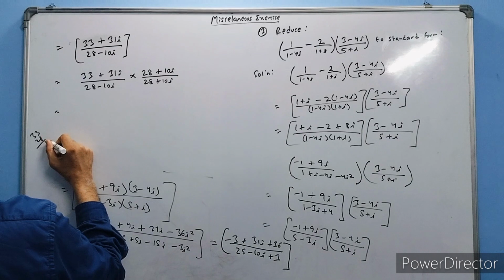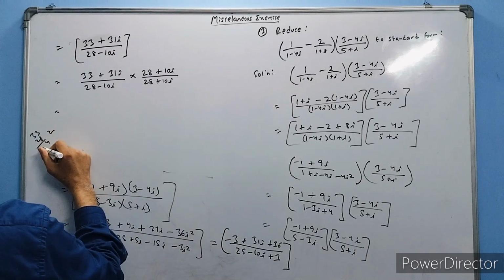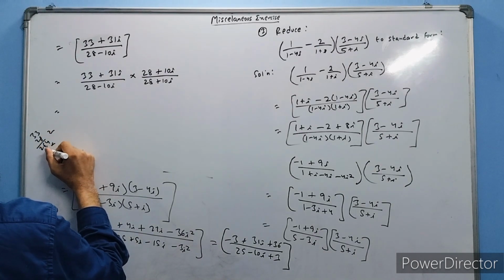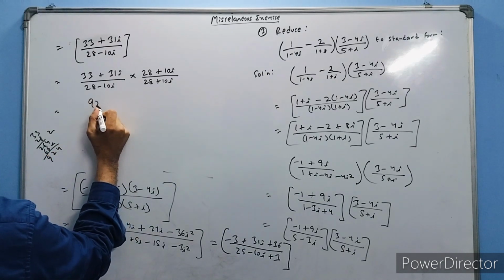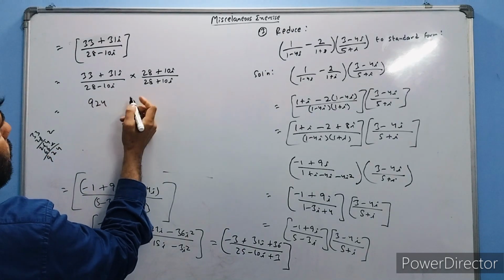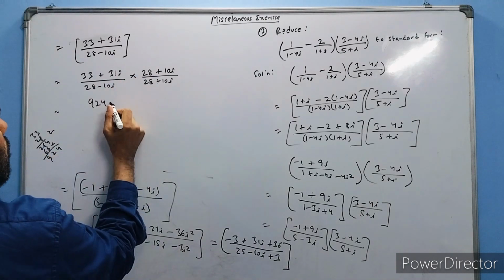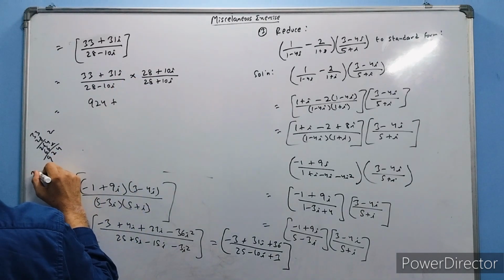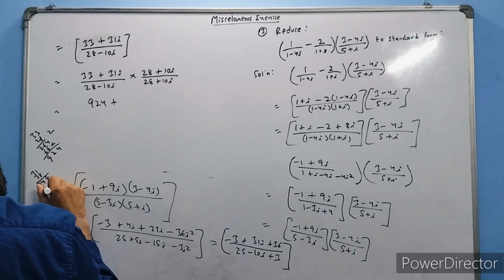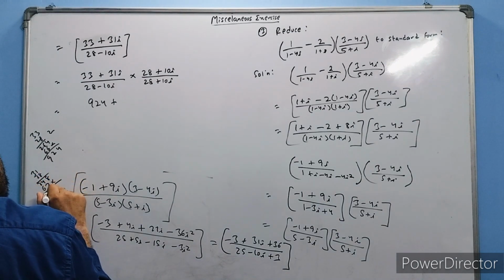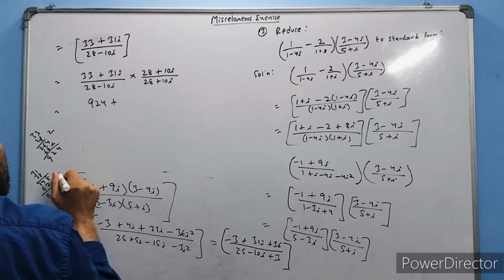So I have 924. Then we have this value plus 31 into 28, which we have as 868.